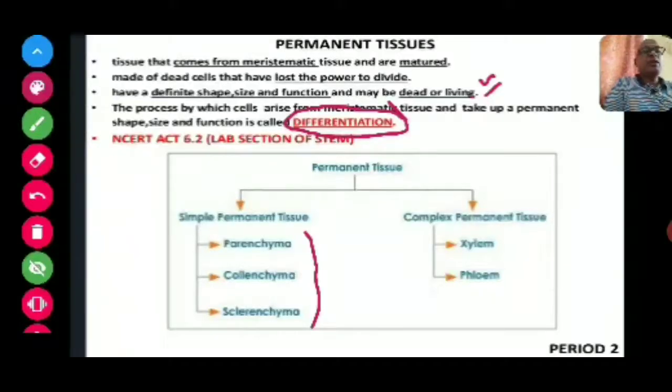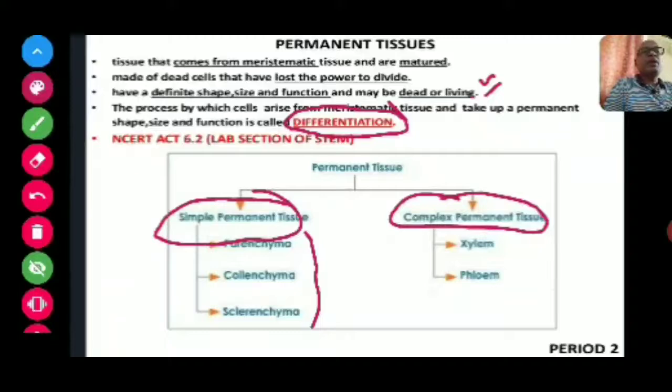Now these permanent tissues are classified into two groups. First one is the simple permanent tissue, another one is the complex permanent tissue.